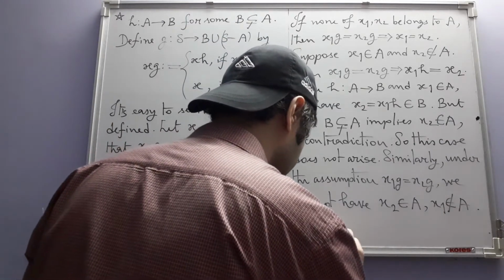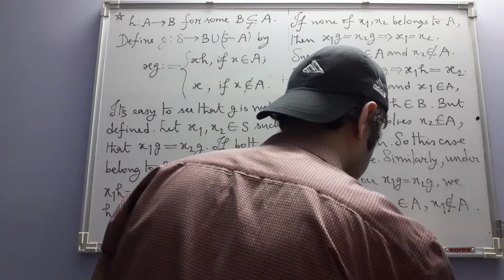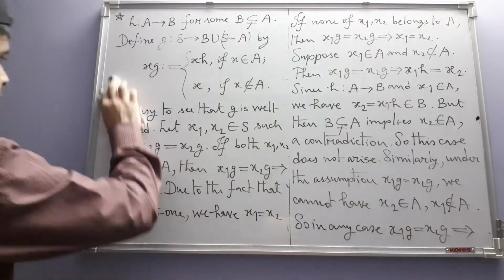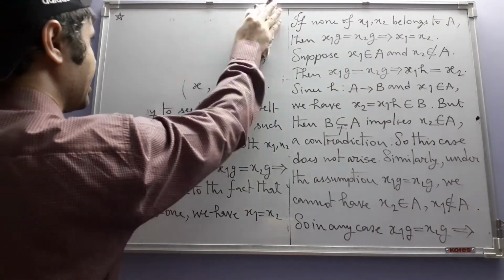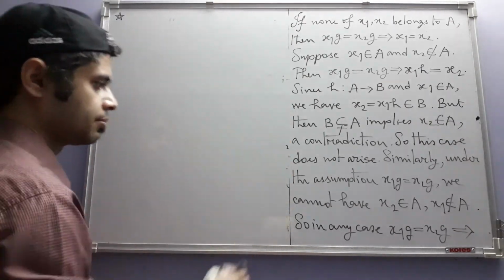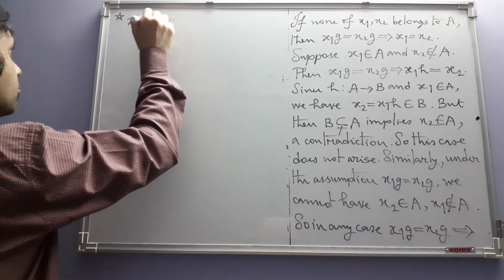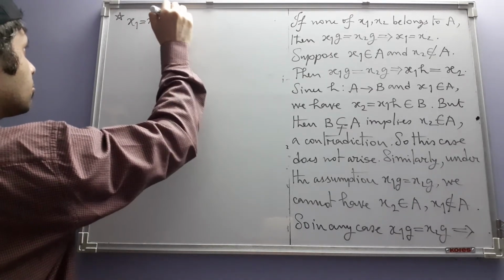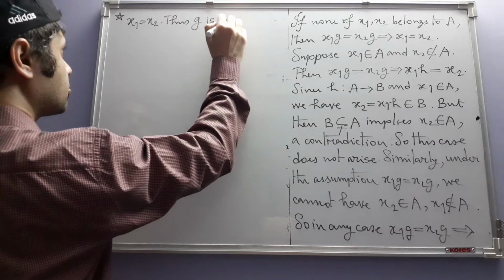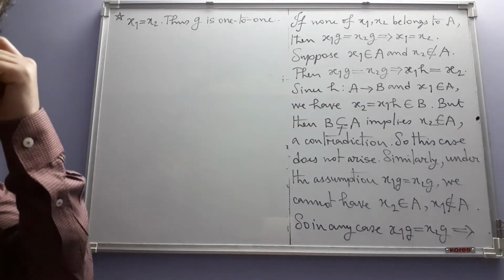So in any case, x1g equal to x2g implies x1 is equal to x2, and that tells us that G is a one-to-one mapping. Thus G is one-to-one.